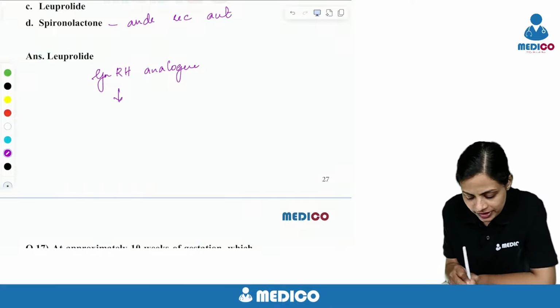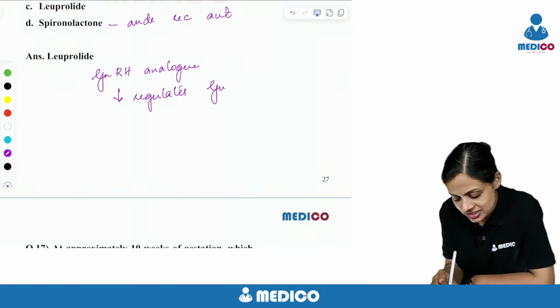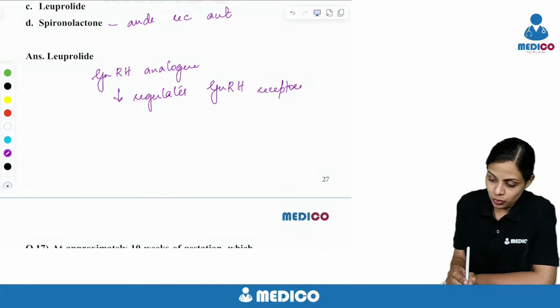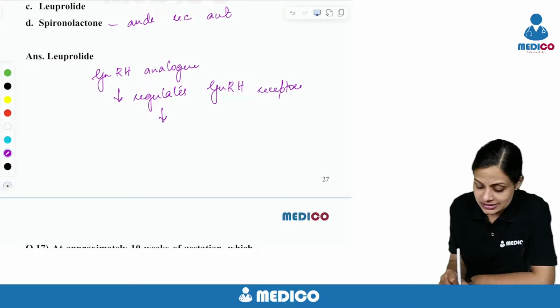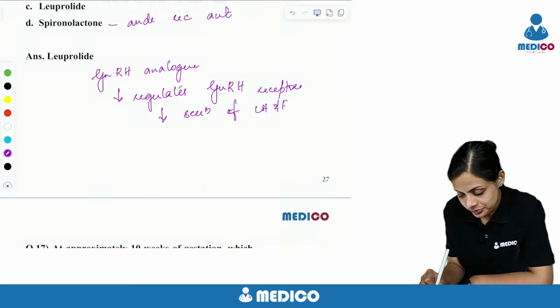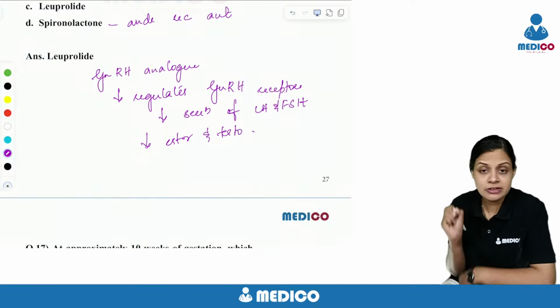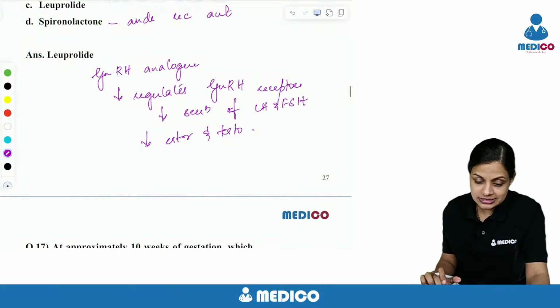What does it do then? It down-regulates the GnRH receptors in the pituitary. So what does this do? It decreases the secretion of LH and FSH, and therefore it will decrease estrogen and testosterone or whatever it is that is being produced. Okay, that is clear?